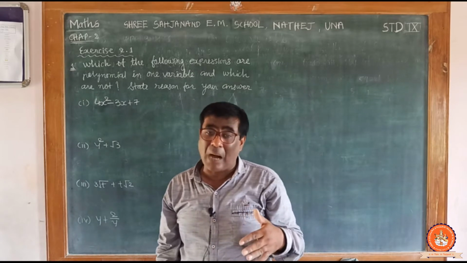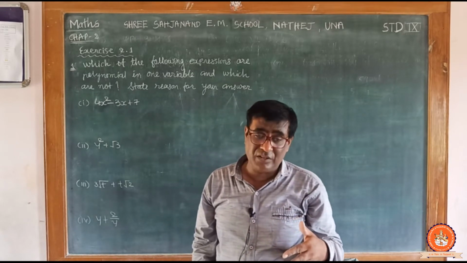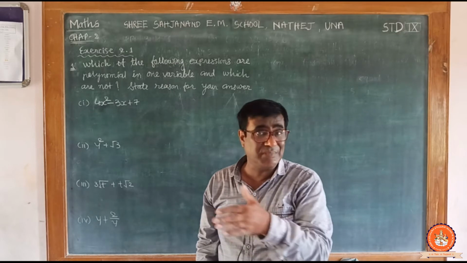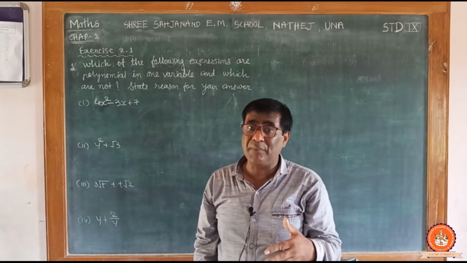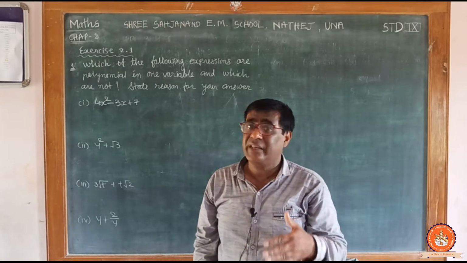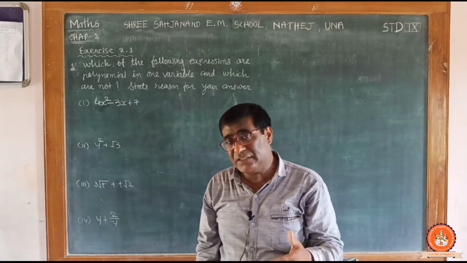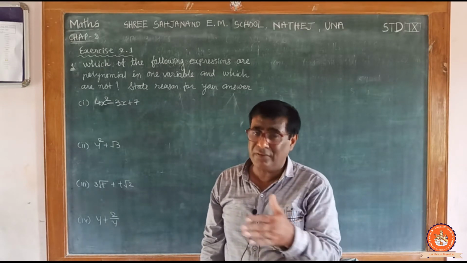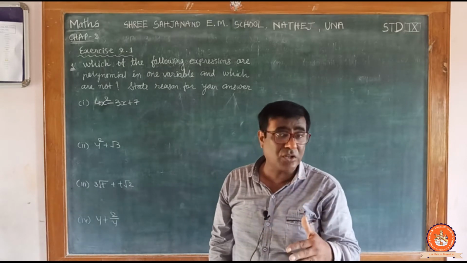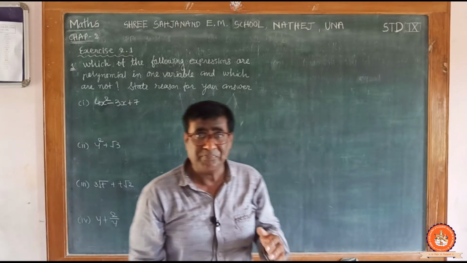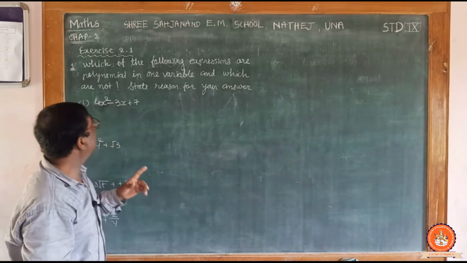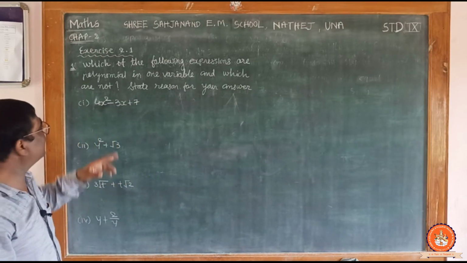The power of the variable can be 0, 1, 2, 3 or something like that. The power of a variable cannot be negative and cannot be a fraction. If the power of the variable is negative or fractional, then the given expression is not called a polynomial. So let us go for it and practice it.